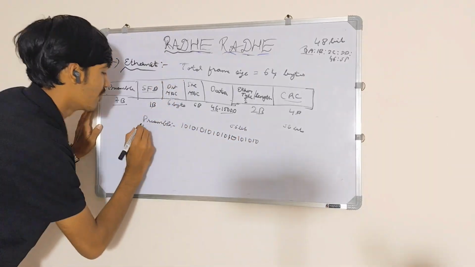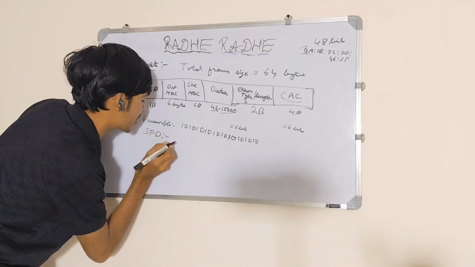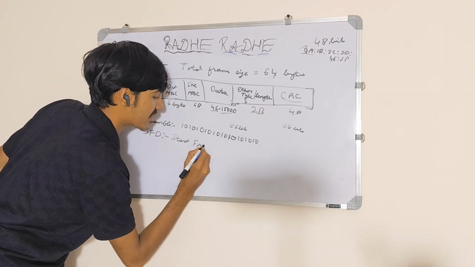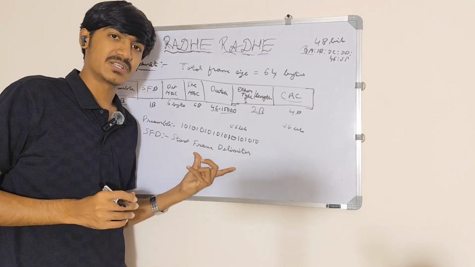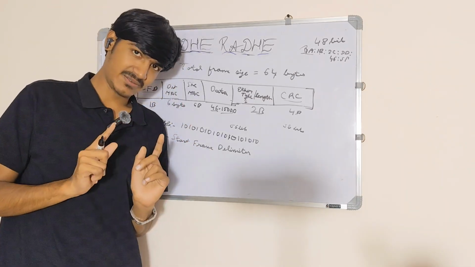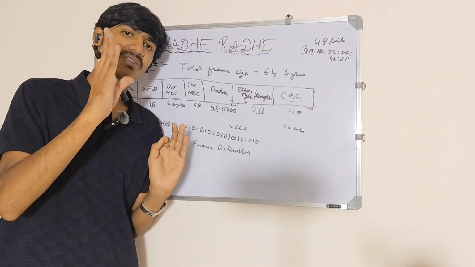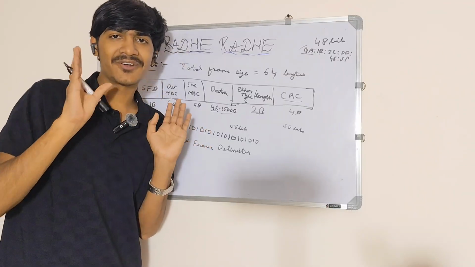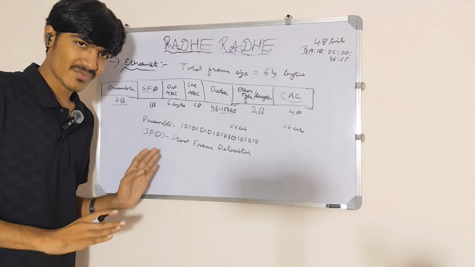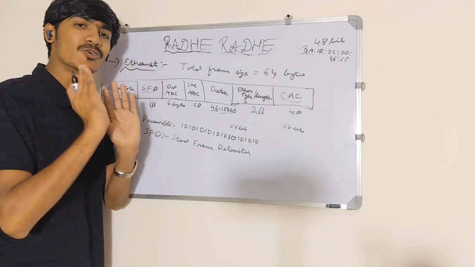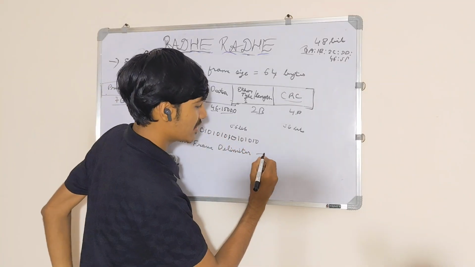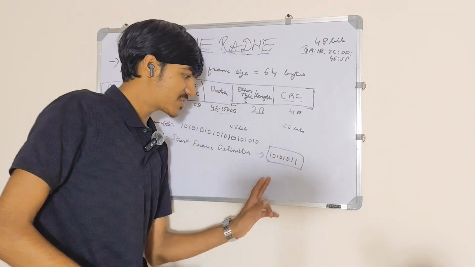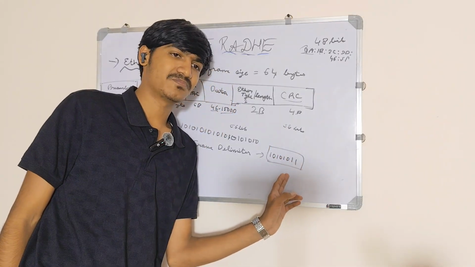Now, what is SFD? Start frame delimiter. The start frame delimiter is a 1 byte field sent to the receiver to tell it that from now the frame is going to start. Usually most frames use 10101011 as the start frame delimiter.